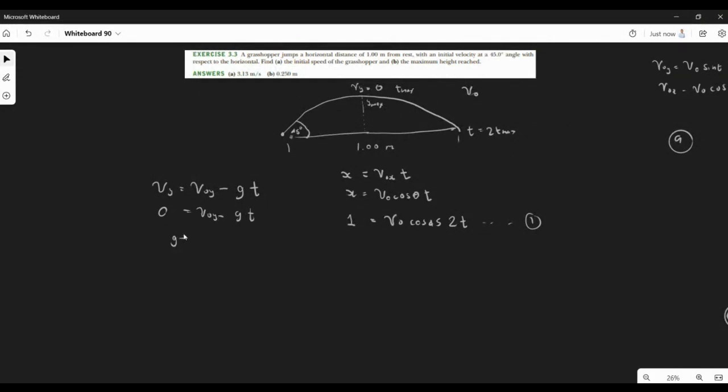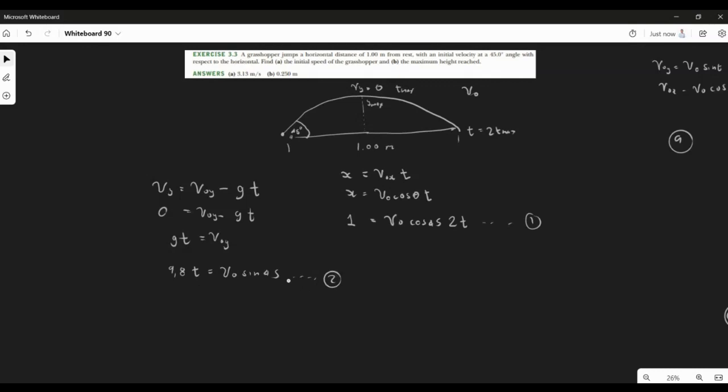We carry over the GT, so we have Voy equals GT. G is 9.8 meters per second squared. The T is the same, because that's half of the total time, where we put 2 times T max. And Voy is equal to Vo sine 45. So then we have our second equation.